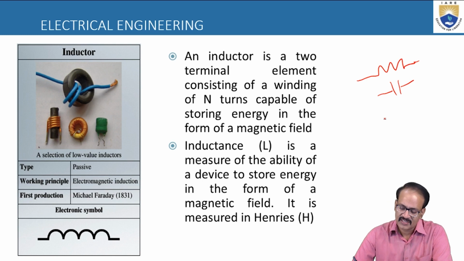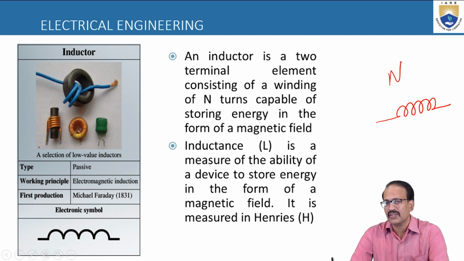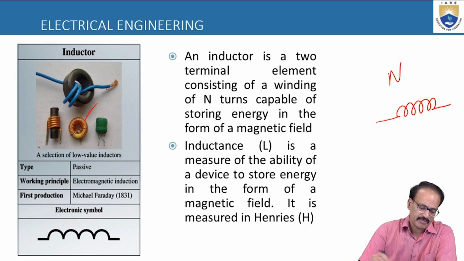Similarly this inductor, we represent like this. The inductor is also a two-terminal element having n turns, so the number of turns will decide. It looks like a solenoid actually.